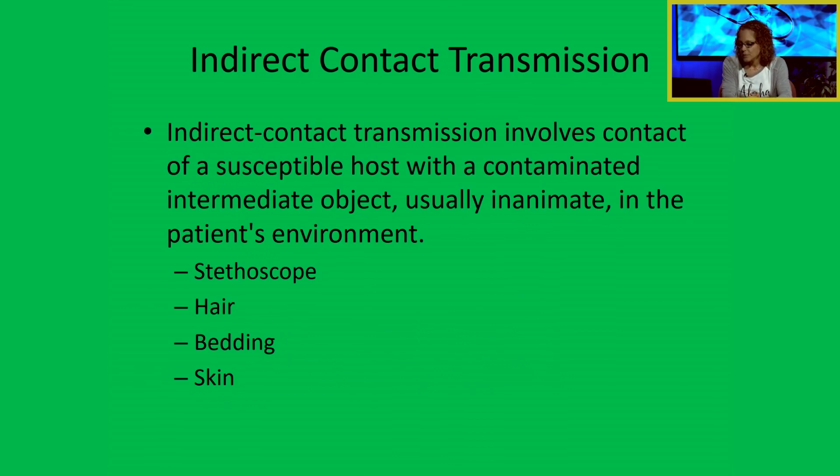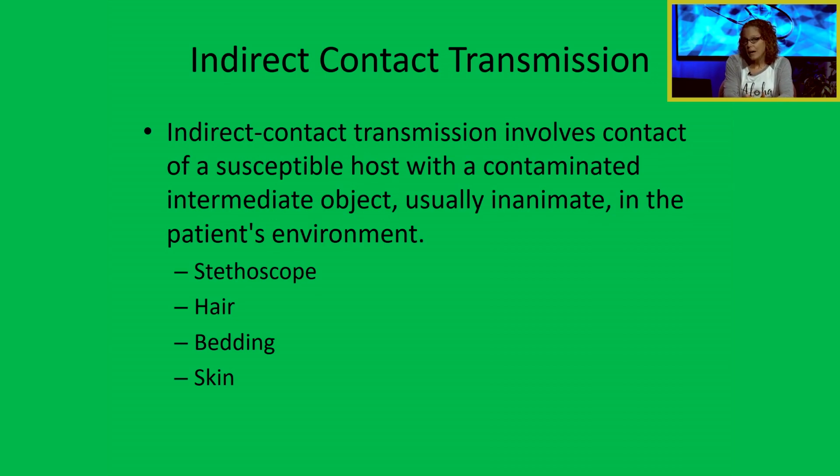Indirect contact transmission occurs when there's a susceptible host and there's a contaminated intermediate object. It's usually an inanimate object that's in the patient's environment. So this could be a stethoscope that has infectious material on it that I am then using on the patient.